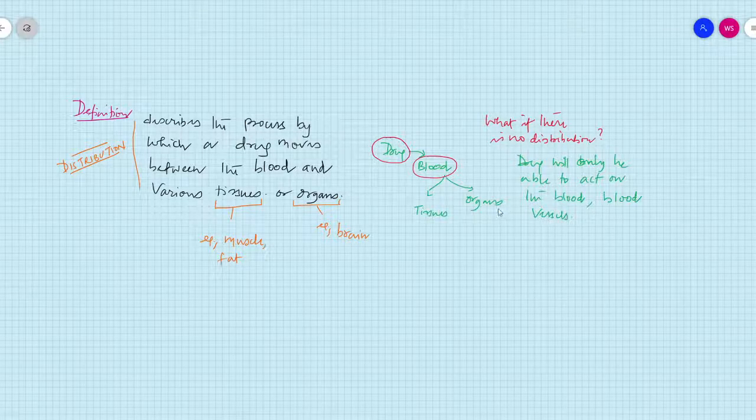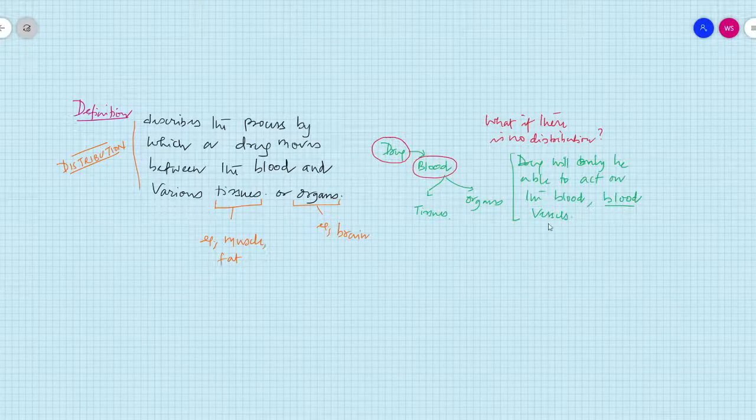It wouldn't have any action if the receptor site is the tissue or the organs. So that is the importance of distribution. If there is no distribution, the drug would reach the blood and consequently it will be able to work only on the blood or the blood vessels.